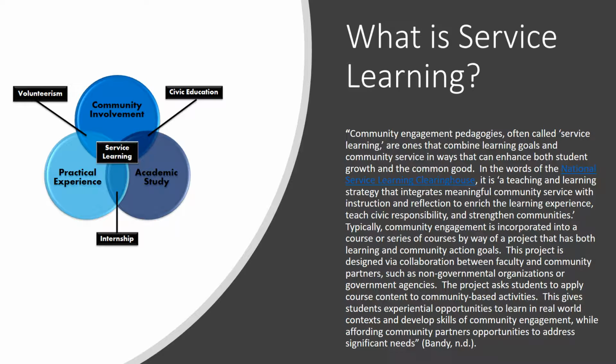This gives students experiential opportunities to learn in real-world contexts and develop skills of community engagement, while affording community partners opportunities to address significant needs. In short, service learning is a combination of practical experience, community involvement, and academic study to promote social consciousness, civic responsibility, and societal changes.